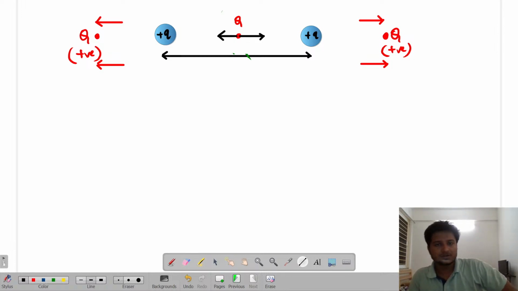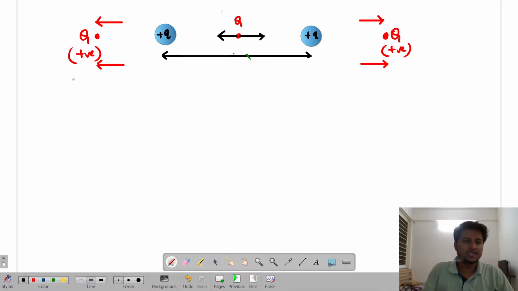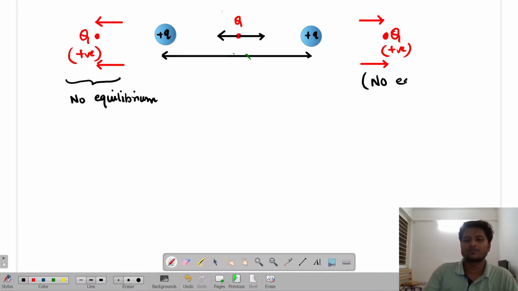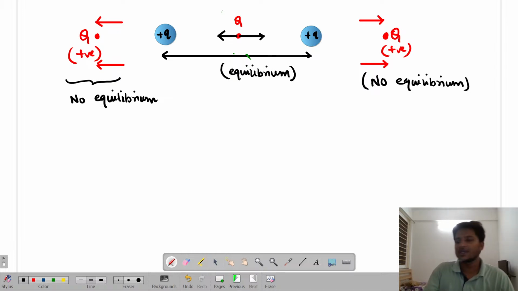So when it is placed over here, no equilibrium can be attained. Here also, I can't get any equilibrium. But here, there is a possibility that equilibrium can be attained because these forces can definitely be balanced. Are you able to get me? Is that clear or not?